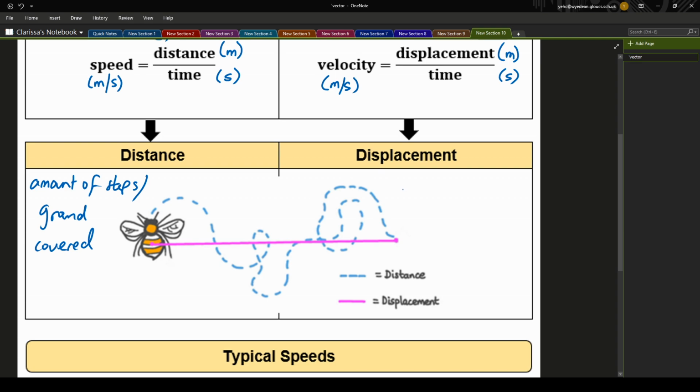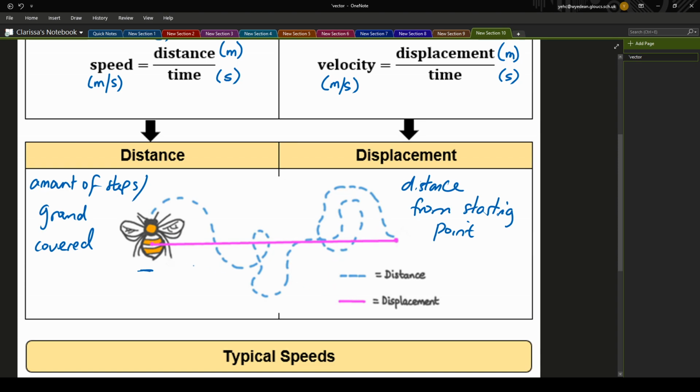But displacement is the distance from the starting point. The reason why is because we only care about the overall direction it has gone. Whereas if you look at this example here with this little bee flying about, it's changing direction all the time. But we're only caring about the distance, so we don't really care about the change in direction.